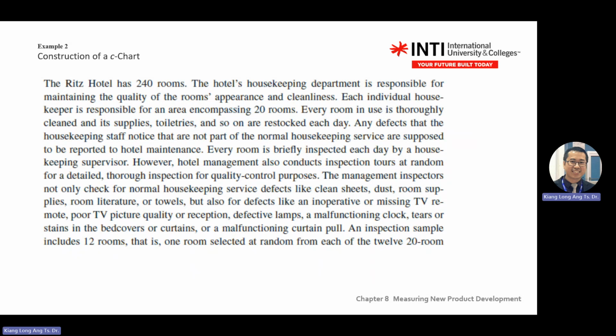By housekeeping, each room is briefly inspected by the housekeeping supervisor. However, hotel management also conducts an inspection tour at random for detail. So plus a random tour by management.